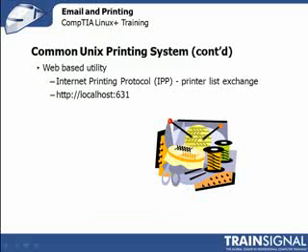And again, though you can edit the configuration files to add printers, the preferred method is to use the cups web-based configuration tool. This tool uses the Internet Printing Protocol, which allows network printers to exchange printer lists. As the name suggests, you can access cups through a web browser. Let's go back to our terminal window and take a look at both our configuration files and cups.